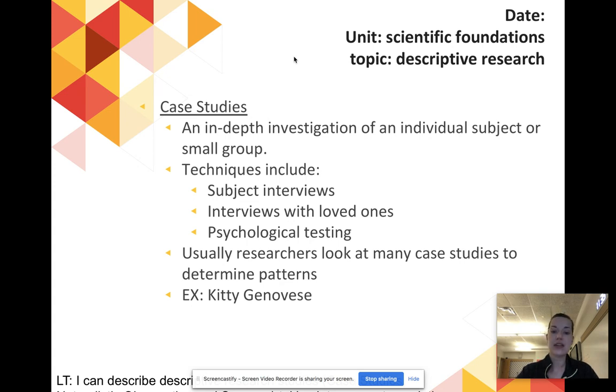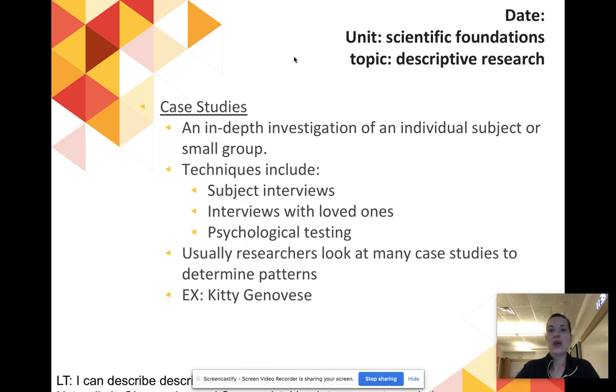One example of this is Kitty Genovese, and we're going to talk about her in depth later in the year, but basically Kitty was murdered right outside her front door. A bunch of her neighbors were home. Only one or two people called the cops. Nobody went out to help her. It was pretty gruesome.